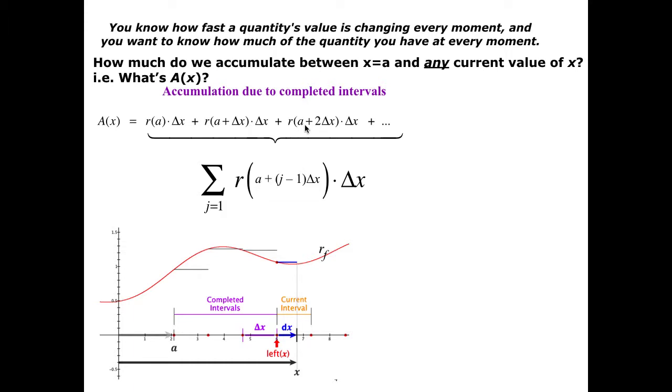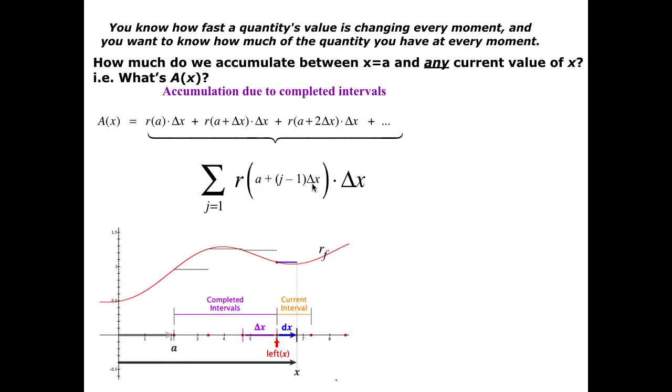To be in the third interval using this third rate here, I have to go past two intervals, so a plus 2 delta x. So for a general jth interval, starting with 1 through whatever, so 1 would be the first interval, 2 would be the second interval. To be in the jth interval, I have to go past j minus 1 full delta x width intervals. So a plus j minus 1 delta x puts me at the left end of the jth interval for any value of j that you want.